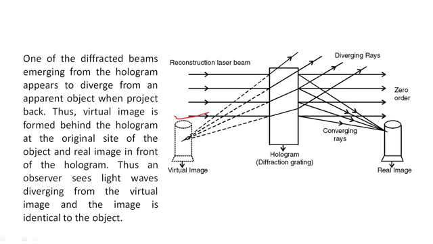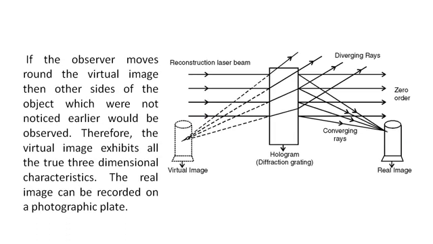Thus, the virtual image is formed behind the hologram at the original site of the object, and the real image that we can develop in the lab is in front of the hologram. Thus, an observer sees light waves diverging from the virtual image, and the image is identical to the object. If the observer moves around the virtual image, then other sides of the object which were not noticed earlier would be observed. Therefore, the virtual image exhibits all the true three-dimensional characteristics. The real image can be recorded on a photographic plate.